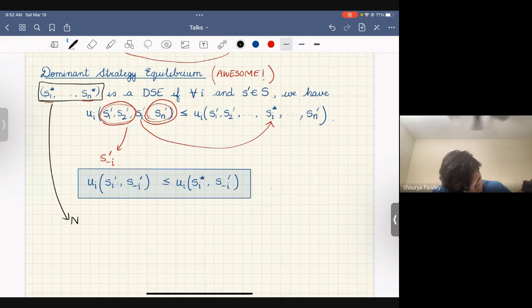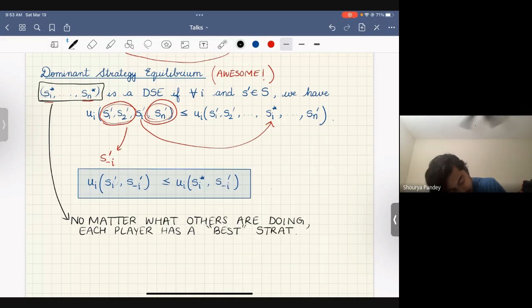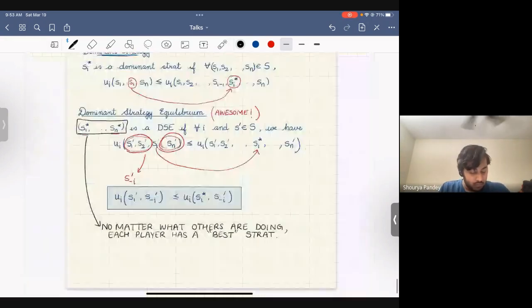So no matter what others are doing, each player has a best strategy.